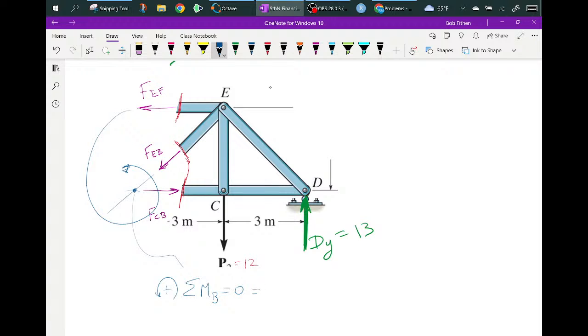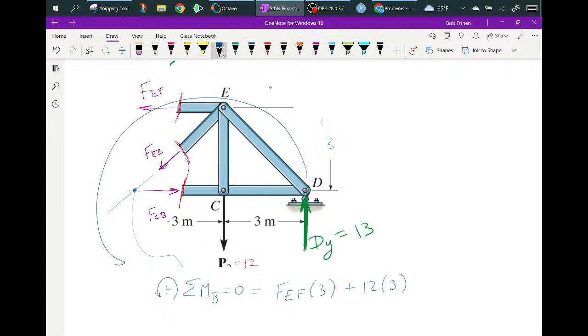That appears to be positive to me. FEF, and I think this was 3 meters, so it's 3. Then I got this one going that way. Hey, that's the same thing, 12 times 3. And then I got this one going that way, which is minus 13 times 3 and 3, giving me 6.